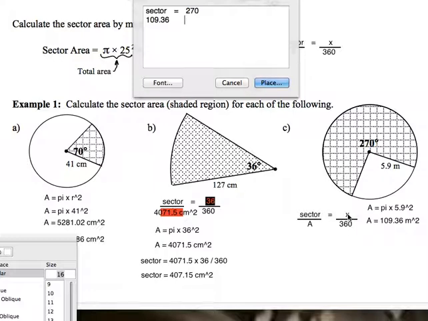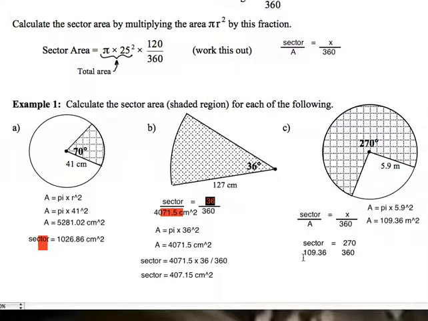That's the x up here, 270, goes in that spot there, over 360. Okay, so again, all I'm doing from this step to this step is I'm switching out numbers for the spots I know they have to go into. X is my central angle, so I take 270, I put it in that spot. A is the area of my circle, which I just calculated over here, so I put that number in this spot here. And I set that up because now I can just cross multiply.